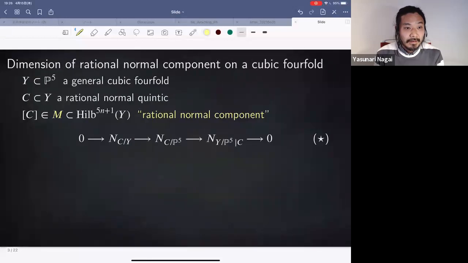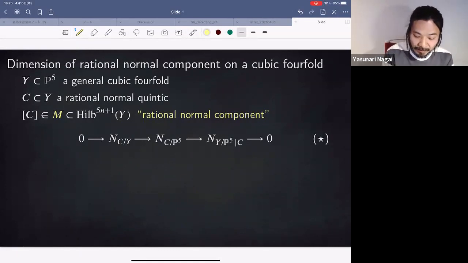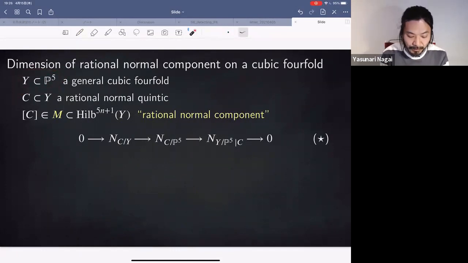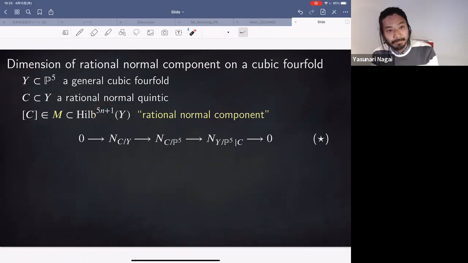Then I put this rational normal quintic curve on a cubic fourfold and consider the moduli space of curves on Y with Hilbert polynomial 5n plus 1.